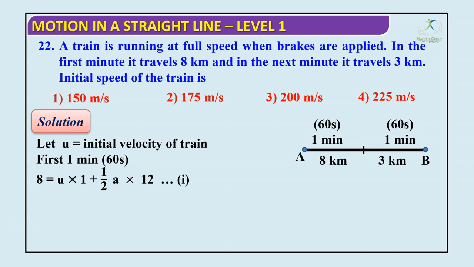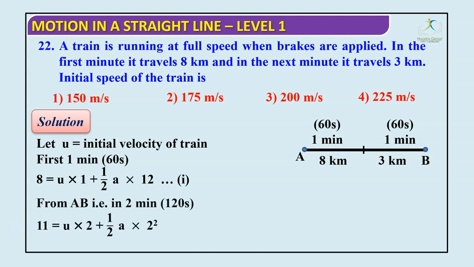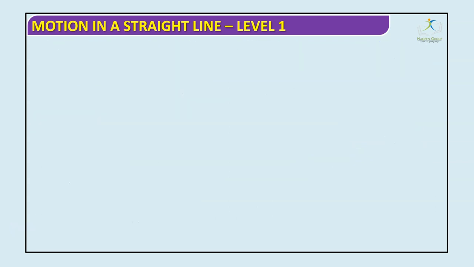So 8 is equal to U into 1 plus half into A into 1 square. For the next 2 minutes, 11 is equal to U into 2 plus half into A into 2 square, that comes to 2U plus 2A. After solving, we get the value of U, which is 175 meter per second. Hence, the correct option is option 2.